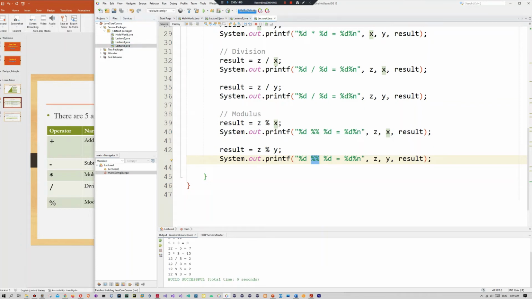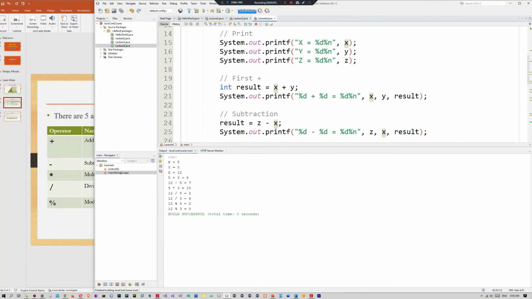Okay, these are the results. In our first operation, we first printed the x, y, z values: 5, 3, and 12. x plus y, that is 5 plus 3, should be 8. This is 8.